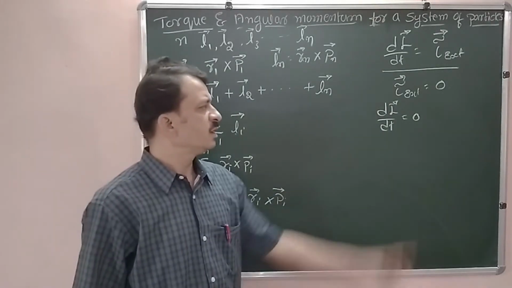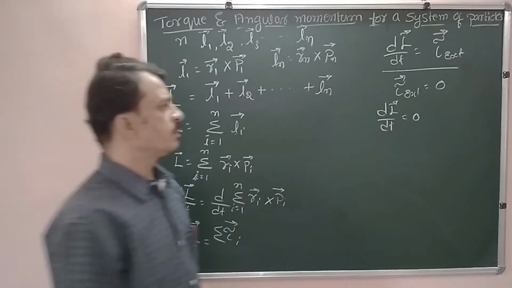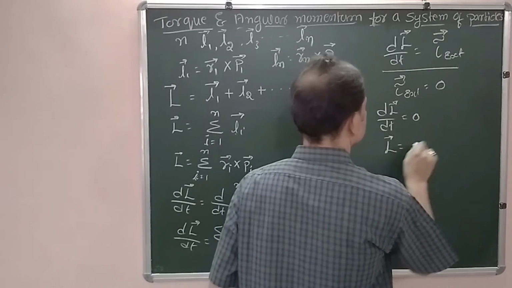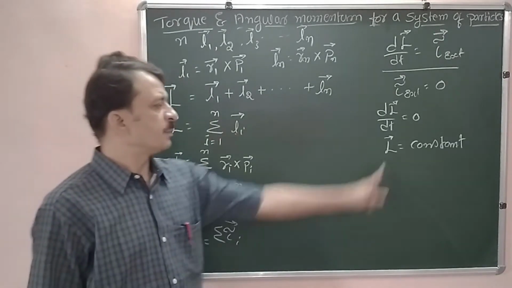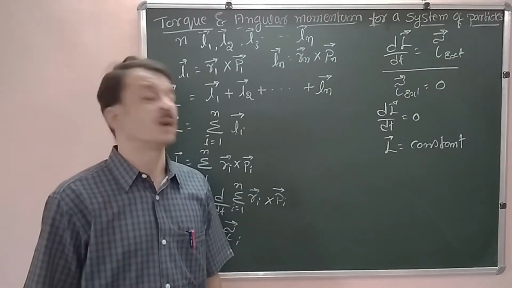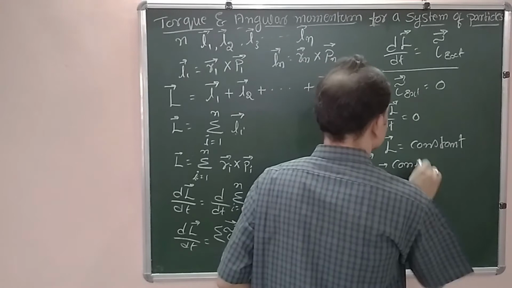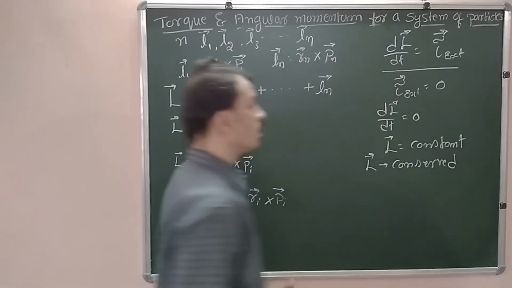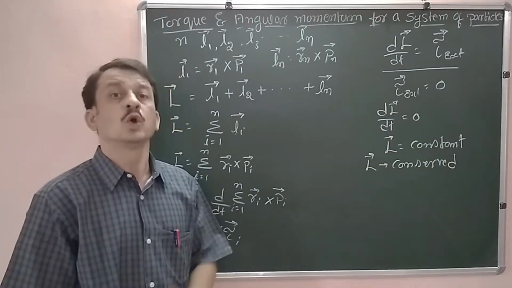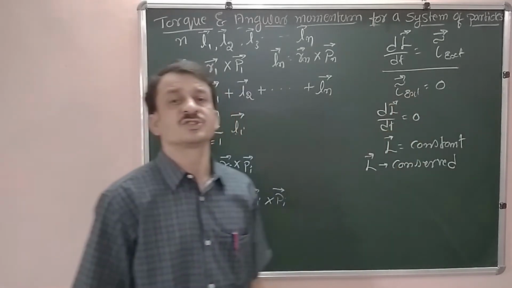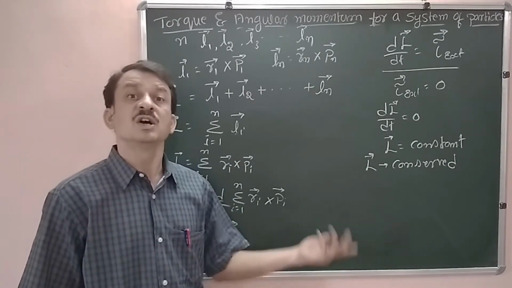We have studied that if the derivative of a function is 0, then that quantity is a constant. Therefore, L should be constant. That means the angular momentum of the rigid body is conserved. The total angular momentum of a rigid body or system of particles is conserved only when the external torque acting on the system is 0. So that leads to the conservation law for the case of rigid bodies.